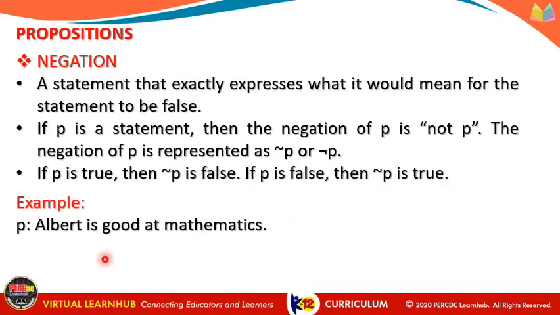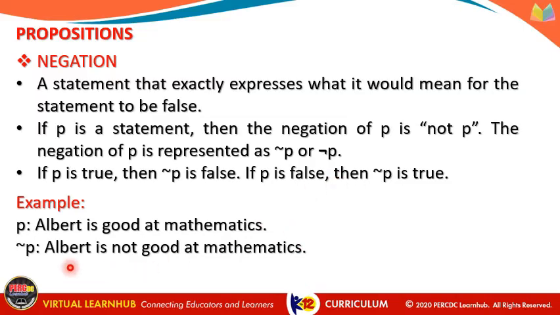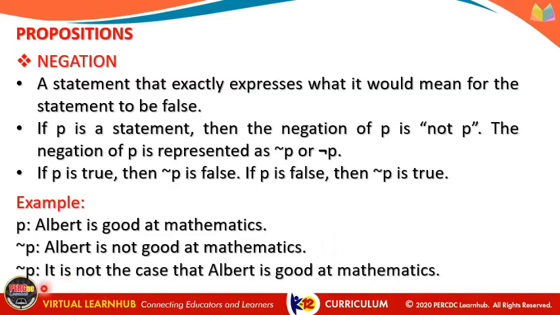Let's say the original proposition, P, is Albert is good at mathematics. Now, if you want to get the negation, then you can do this one: Albert is not good at mathematics. So just place the word not. If you do not want this, you can also do this. This is also possible: it is not the case that Albert is good at mathematics.